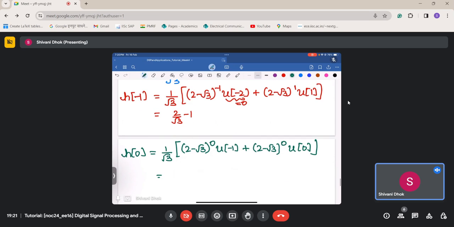So this thing comes out to be 1 by root 3. So this thing here is equal to 1, this thing here is also equal to 1, and this thing here is equal to 0.